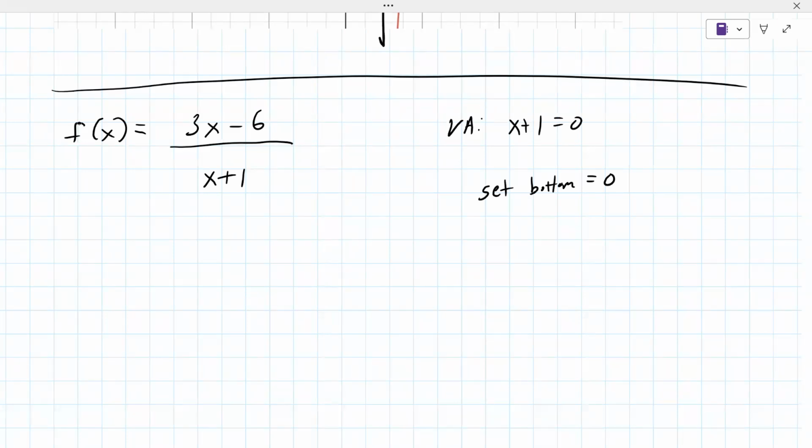What does x equal? x equals negative 1. Okay, now do you remember how to find the horizontal asymptote?